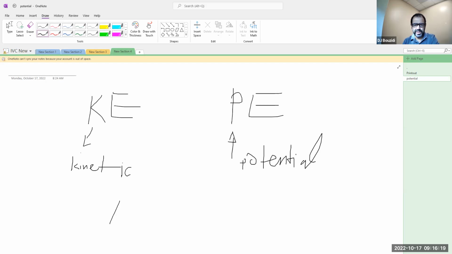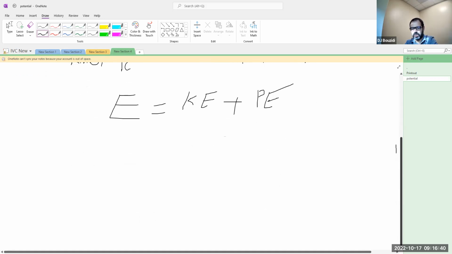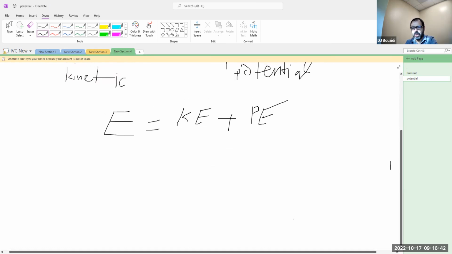And the concept of total energy is the sum of these two. So the E in this case is the sum of the two, the total energy, which is potential and kinetic together. So kinetic energy plus potential energy will give me what is known as either the total energy, or in this scenario, which we're going to call the mechanical energy, because we're dealing with mechanical systems.